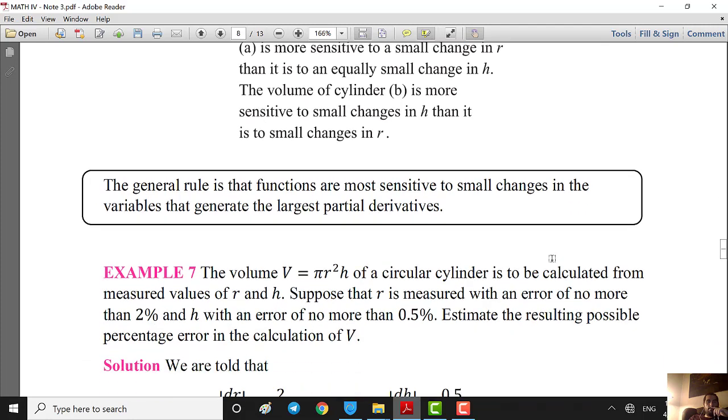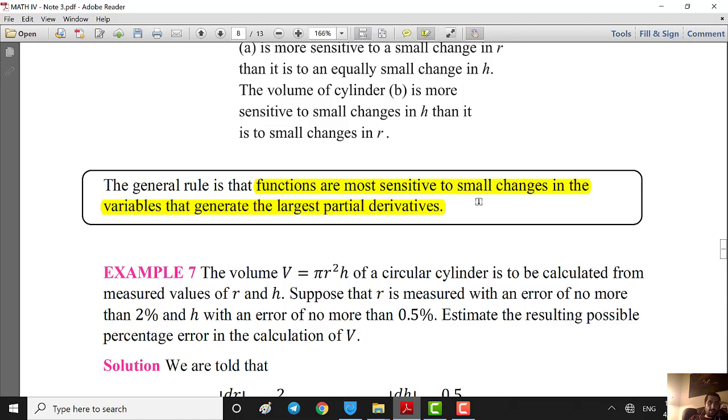Now, as a general rule, we can say that functions are more sensitive to small changes in the variables that generate the largest partial derivatives, right?